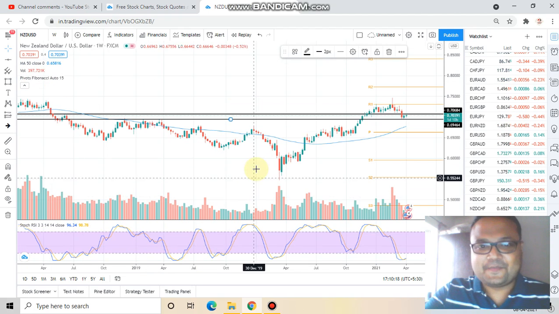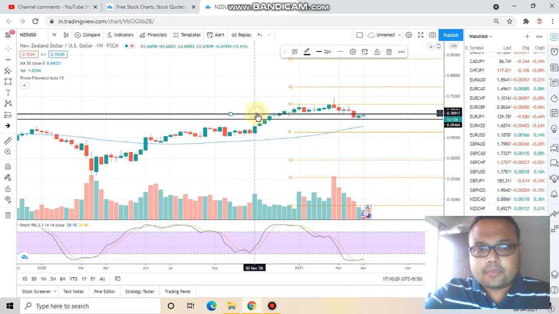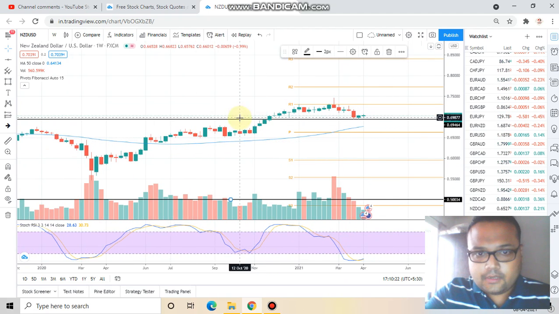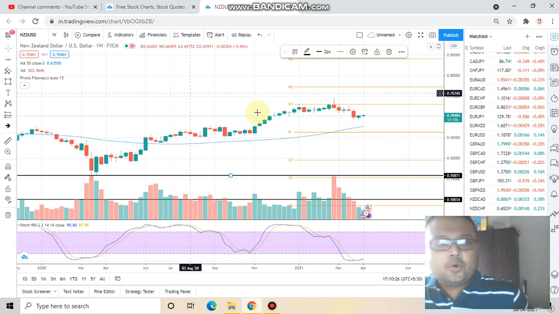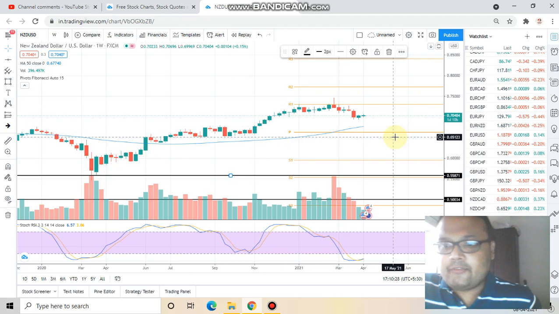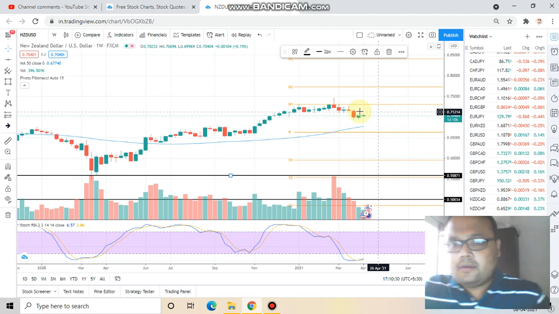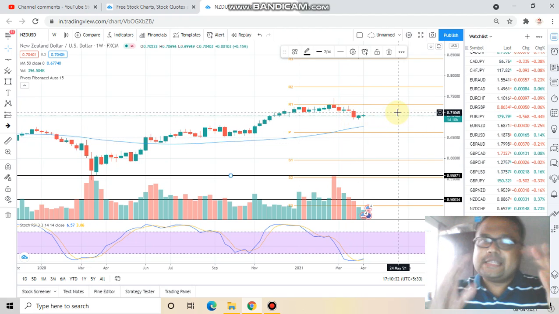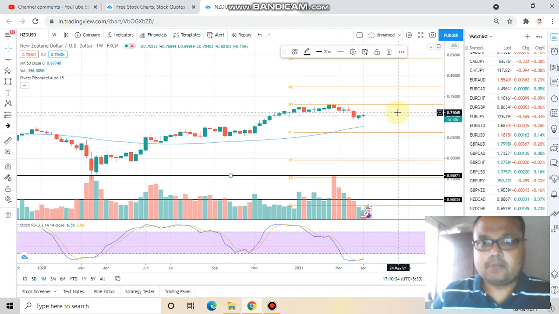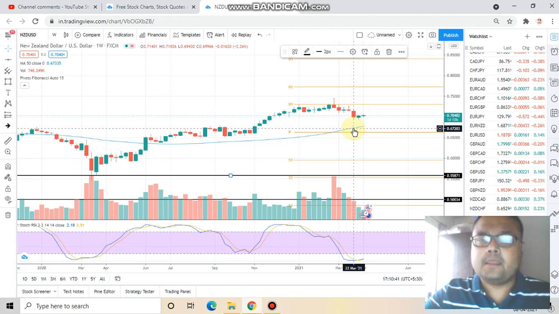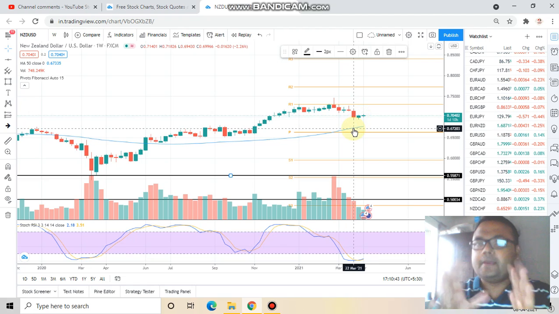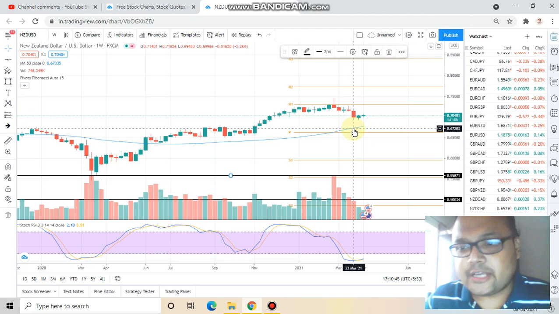Let me slide these lines. As you can see right now in the 1 week time frame, or the weekly time frame, there is no prominent support or resistance available on the market, but we do see that previous week market has formed a hammer kind of pattern. Not a typical hammer, but there was some price rejection from below.